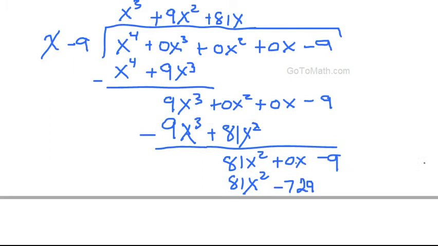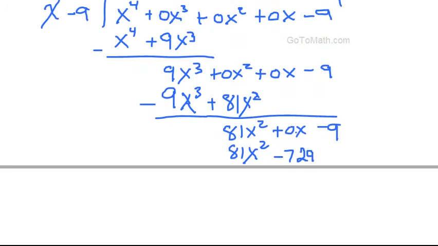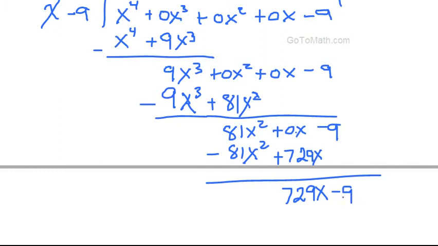Right? I hope I didn't make any mistakes here. So we got minus, make that a plus. Now we have 729x. I knew something was not right with that. And then bring down the negative 9.